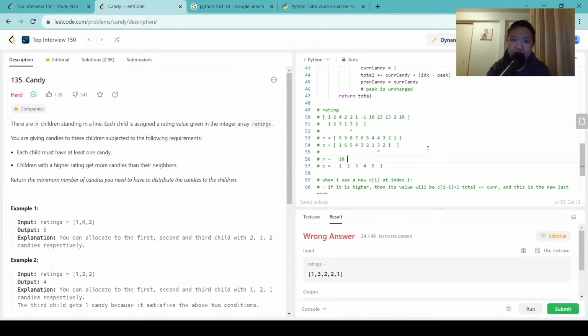Then 10, no, 11, 12, 13, 14, 15, and then it went back to 11.